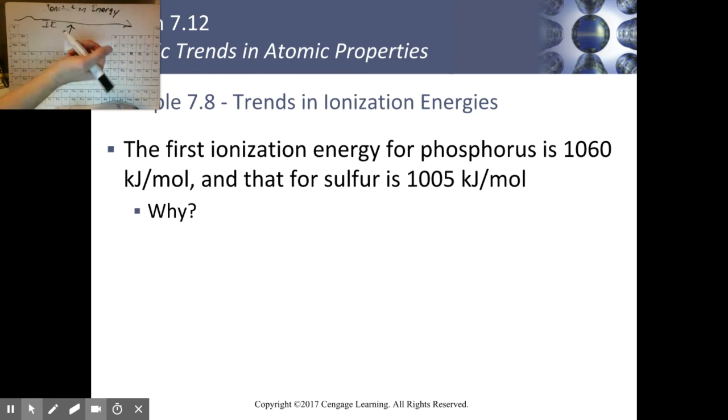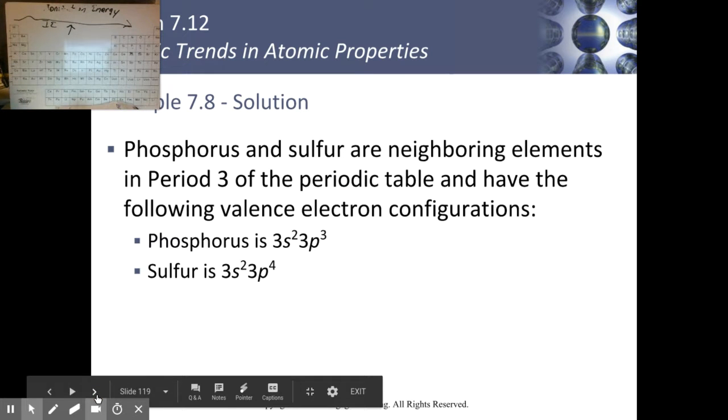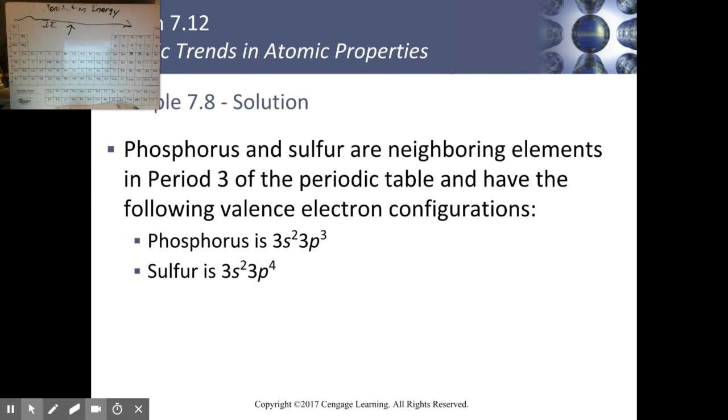Why? Well, the first thing is we know the trend is that the ionization energy is going to increase as we go towards the halogens. But if we're looking at the numbers, phosphorus is actually higher than sulfur. So because they're neighboring elements, they have the following valence electron configurations.